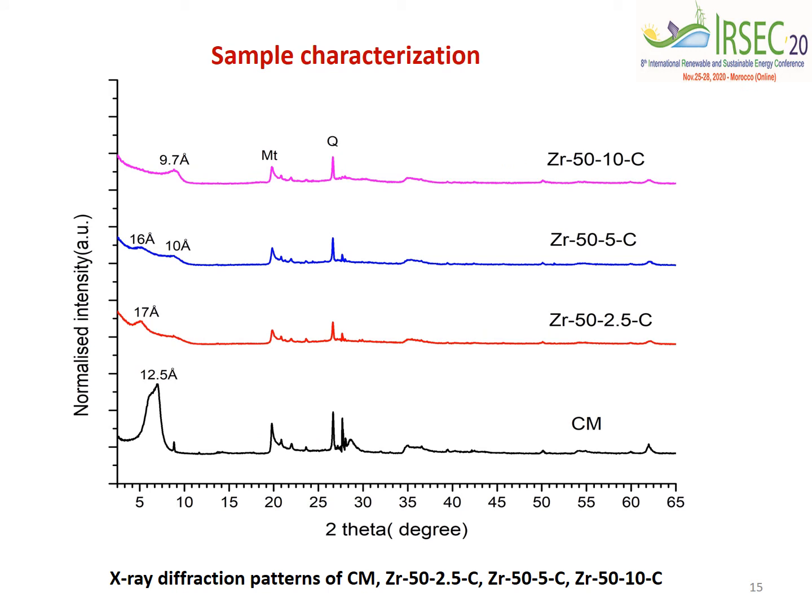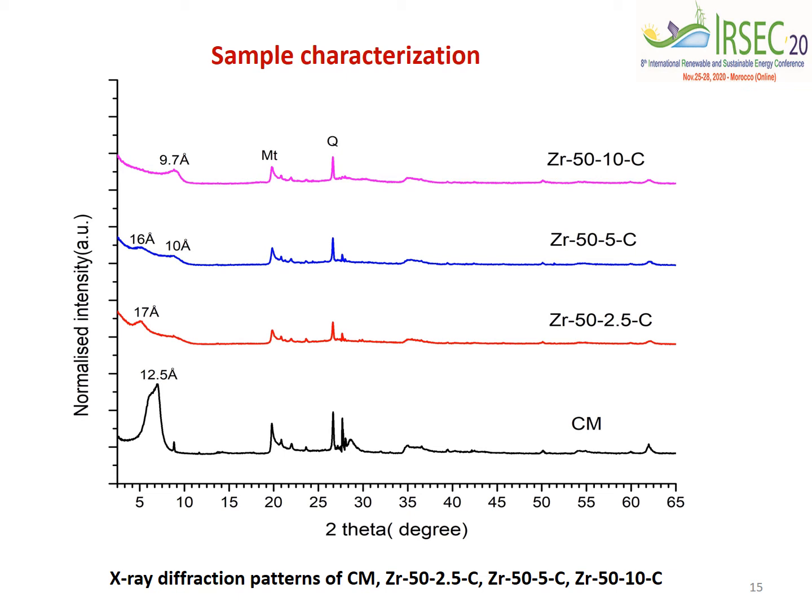This is the XRD pattern of commercial montmorillonite which doesn't contain sodium ions, and these are its modified forms. So we can see the first peak corresponding to montmorillonite at 12.5 angstrom.